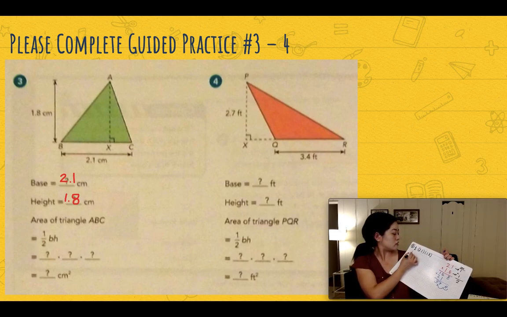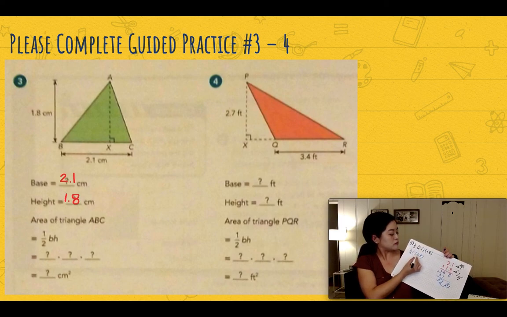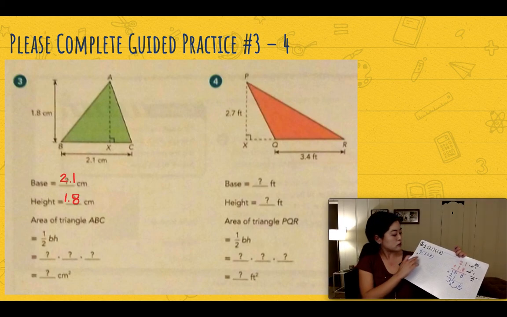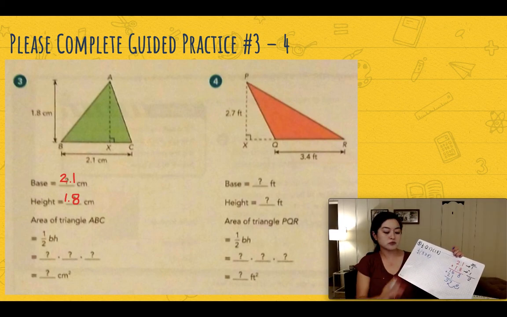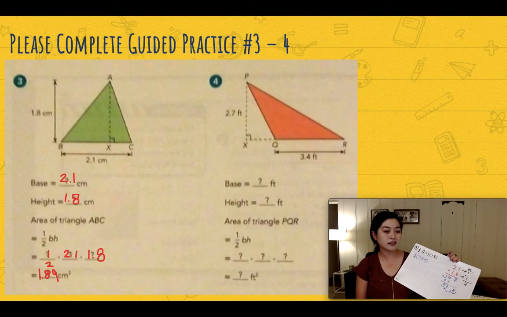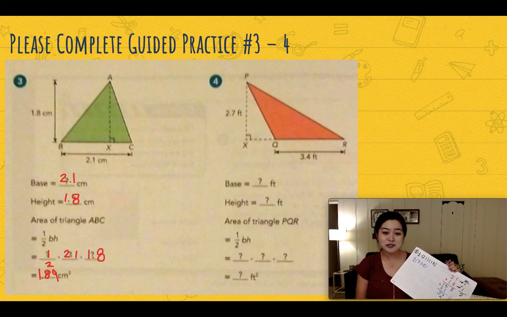So that's 1/2 times 3.78. So it's half of 3.78, and you can just divide this by 2. And if you do that, you should get 1.89. All right, let's try number 4.